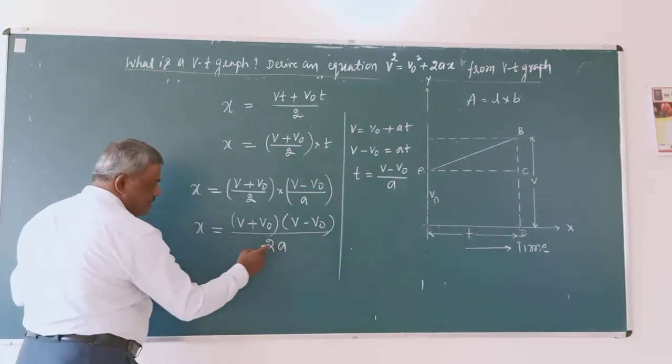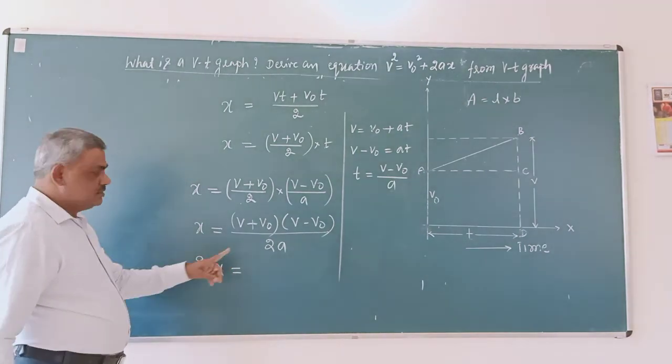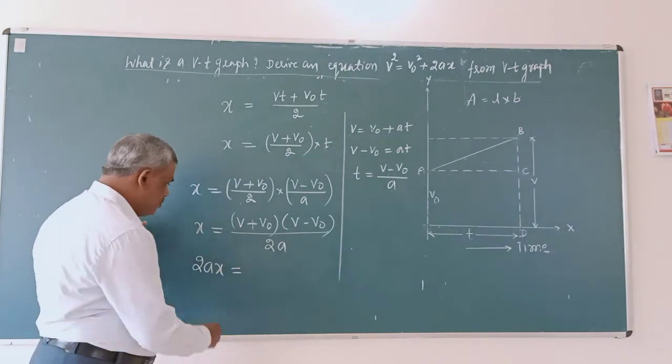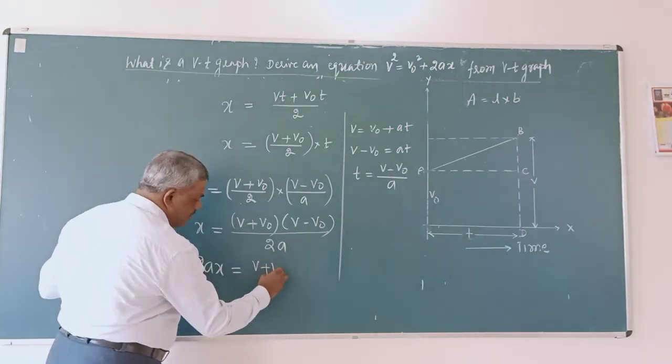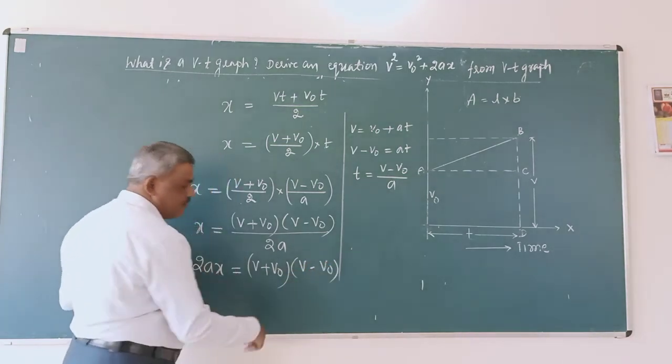So now take cross multiplication, 2ax equal to V plus V naught into V minus V naught.